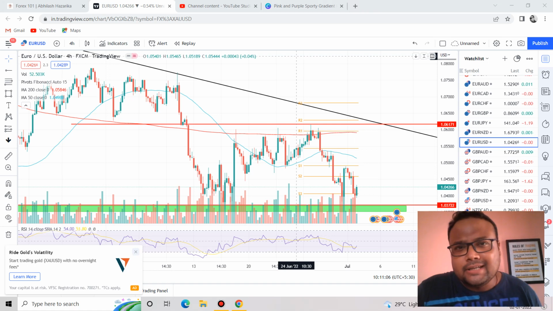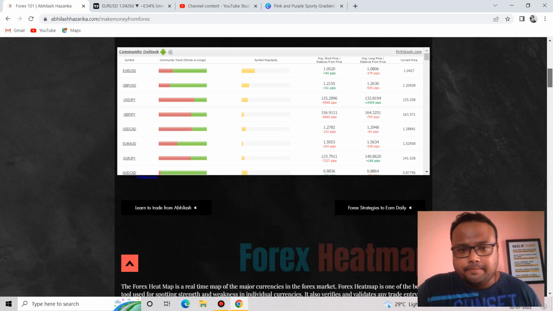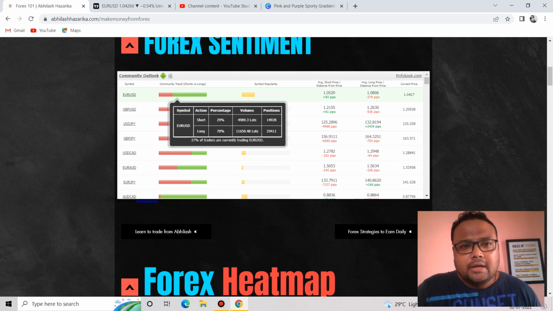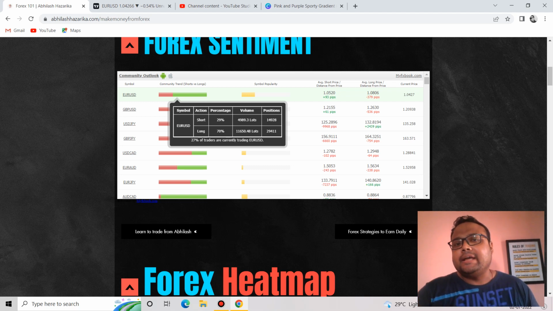See, I have been repeating the same thing again and again because if we look at the forex sentiment meter, which you'll find on my website abhilashajarka.com, you can see that only 29% of retail traders have taken a sell position, and still 70%, the majority of retail traders, are on the buy side.